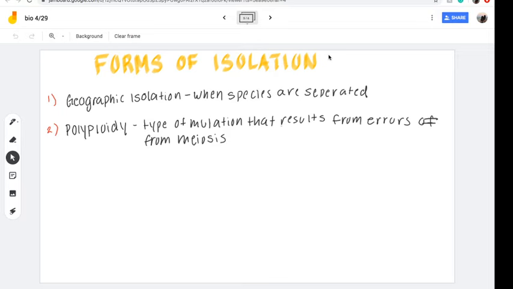So polyploid organisms cannot breed with organisms that are not polyploid and therefore are isolated from them.